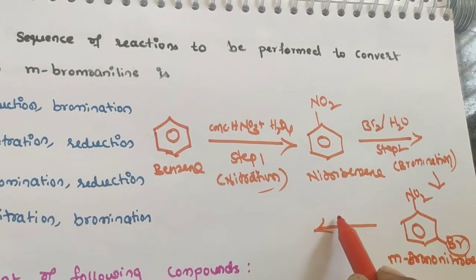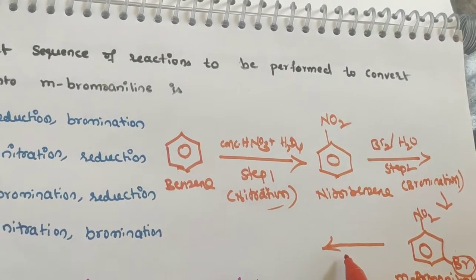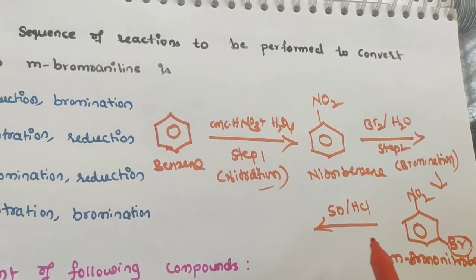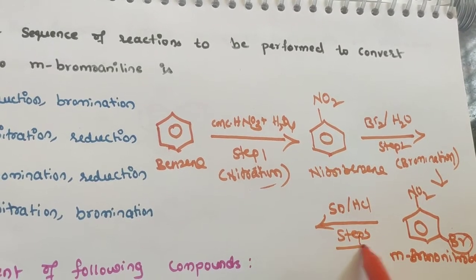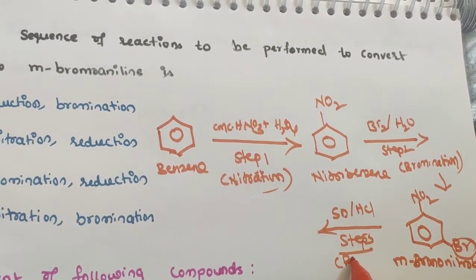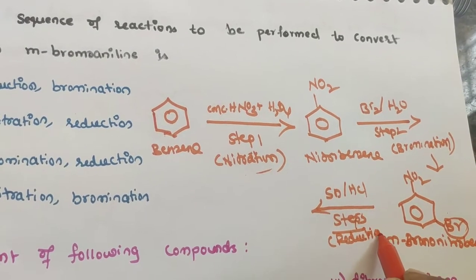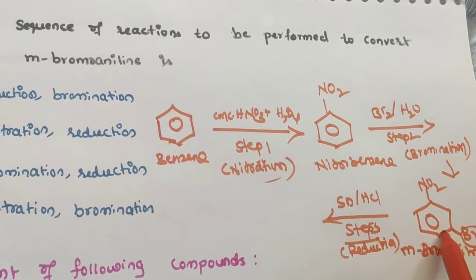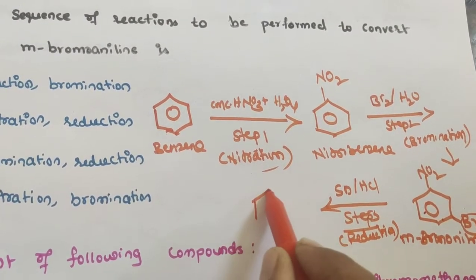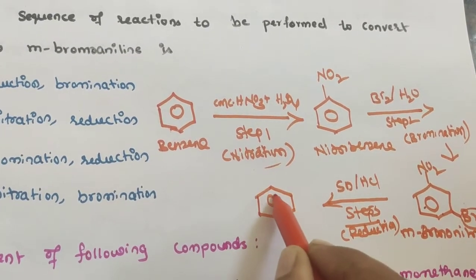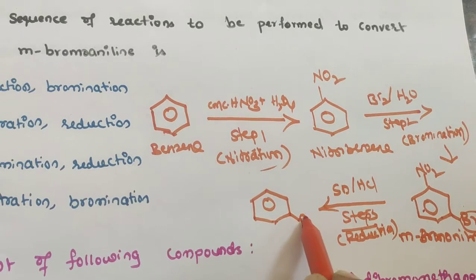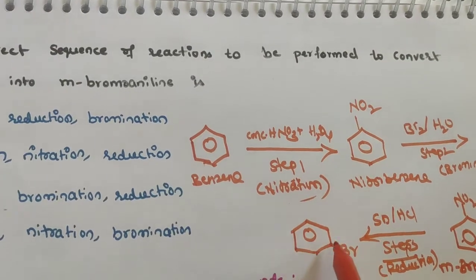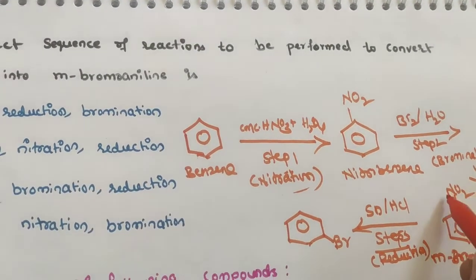Then, after obtaining metabromo-nitrobenzene, the last step is reduction. For the reduction, we apply tin in the presence of HCl. This is step 3. There is no change in the bromine group; the change is only in the nitro group.